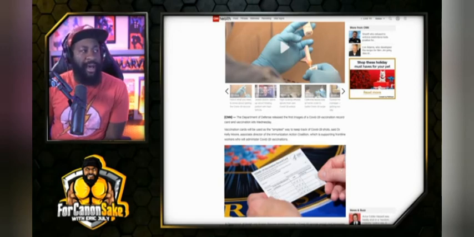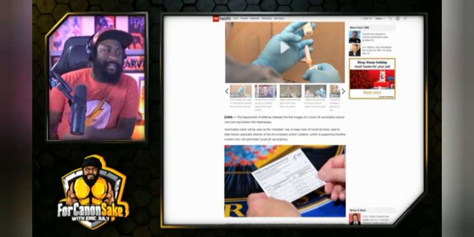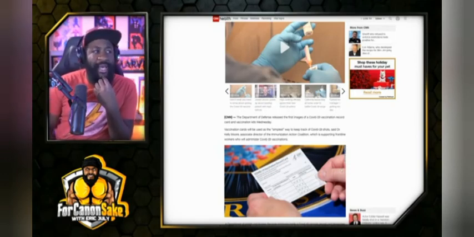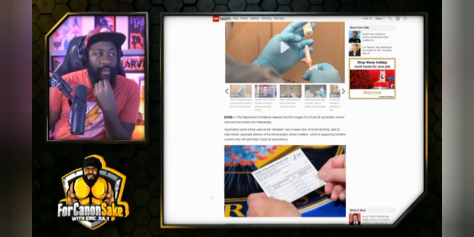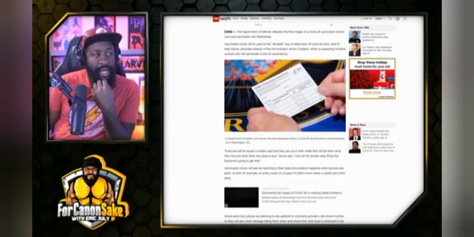Health says vaccination cards will be issued as the simplest way to keep track of COVID-19 shots, as Dr. Kelly Moore, Associate Director of the Immunization Action Coalition, which is supporting frontline workers who will administer COVID-19 vaccinations.